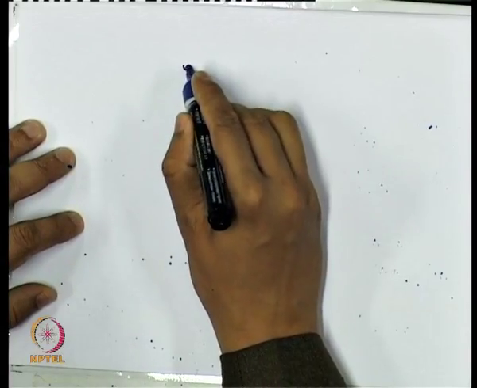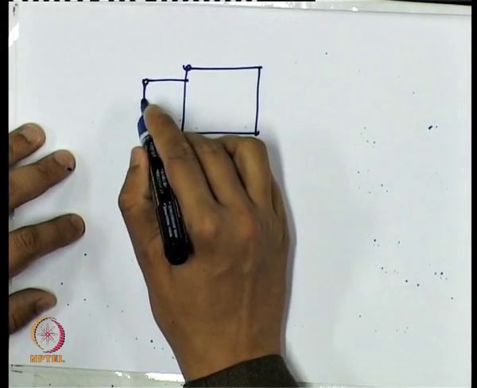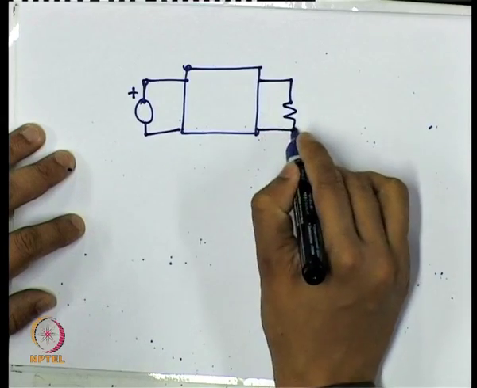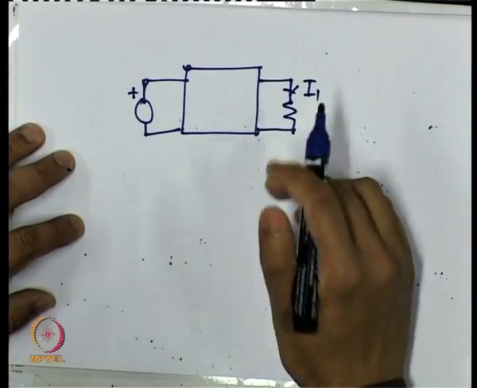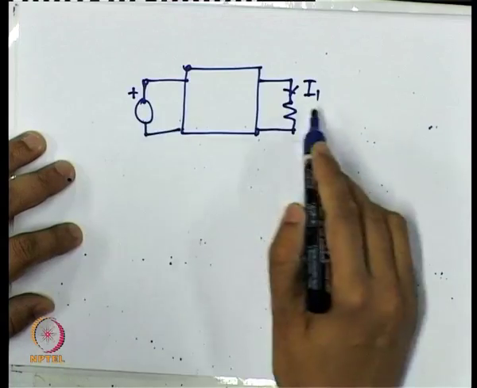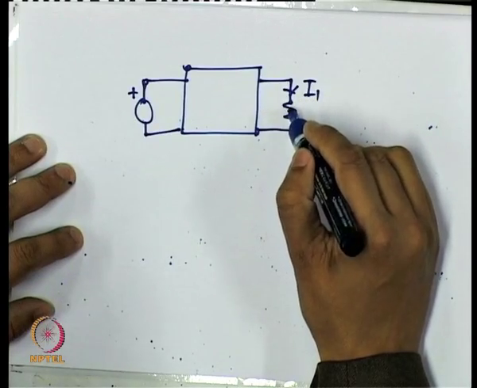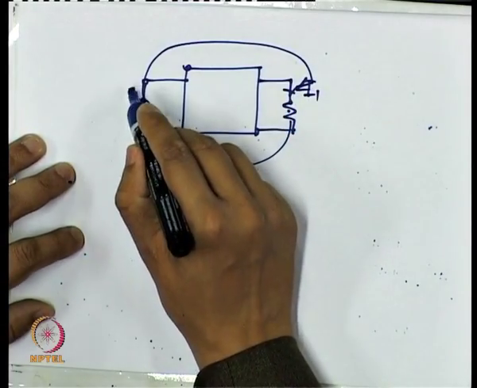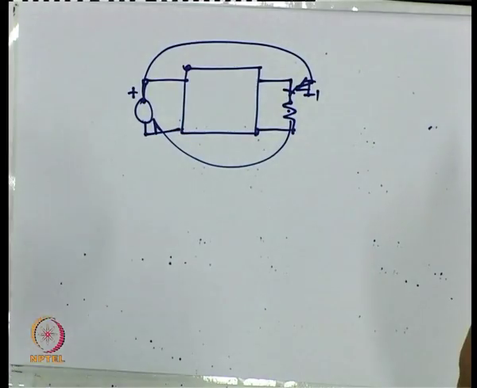What it means is that if we have some network, and if we apply some voltage at one part of the network and in another part we get a certain current I1, then reciprocity means that if we reverse this, if I connect this resistor at this end and this source at this end, then I should be able to get the same current at this branch. So that is the concept of reciprocity.